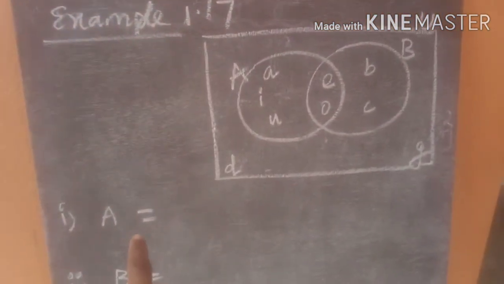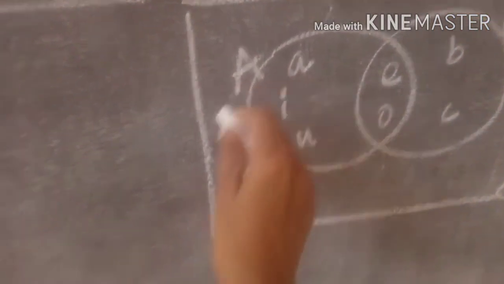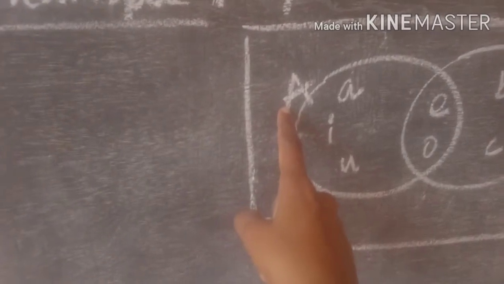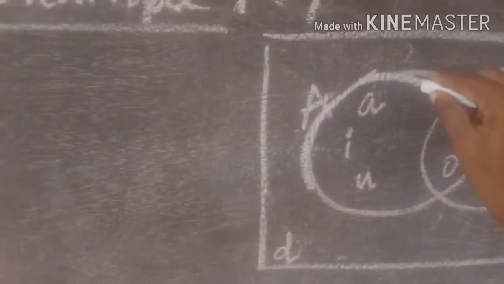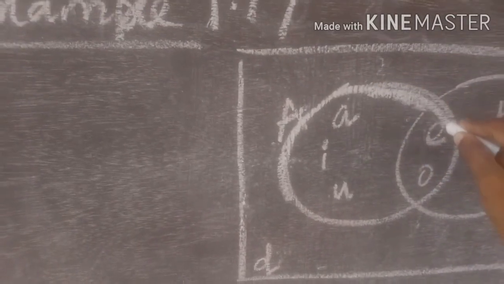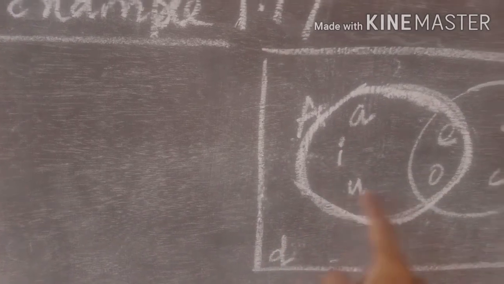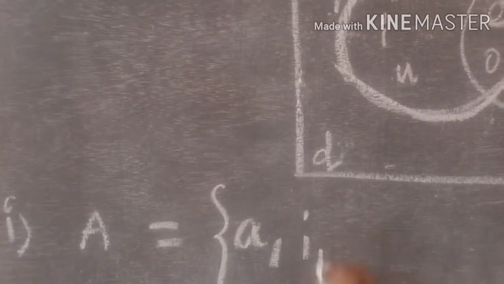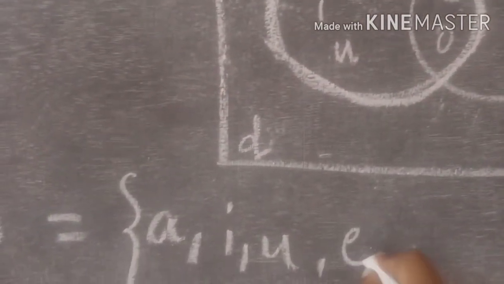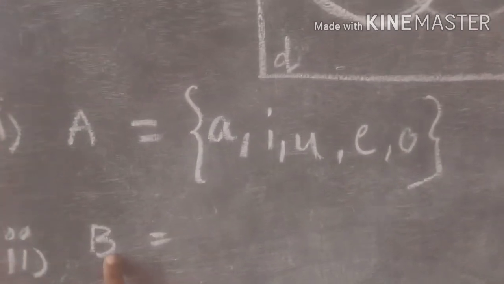What is the first question? A set. So A set means this capital A, right? What is the name of the set? Capital A. So now overwrite this capital A again and see. What are the elements inside? A, I, U, E, O. So that is the answer of the A set: A, I, U and E, O. Next, B set.